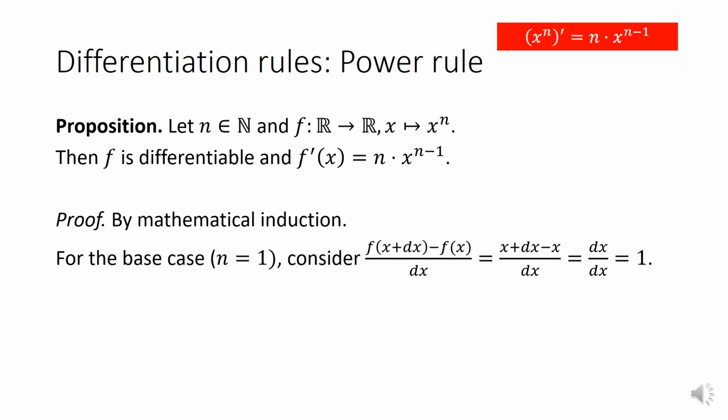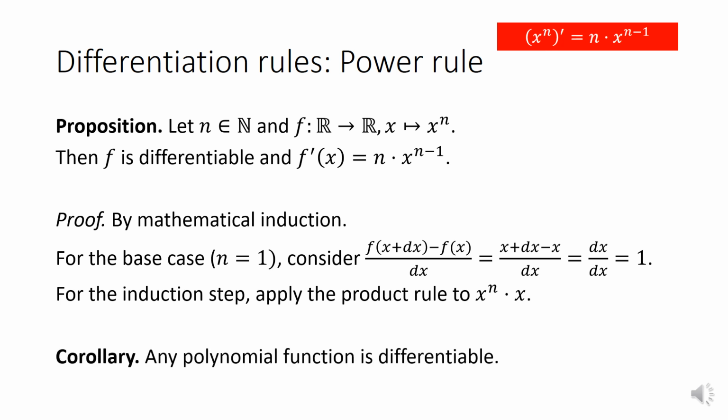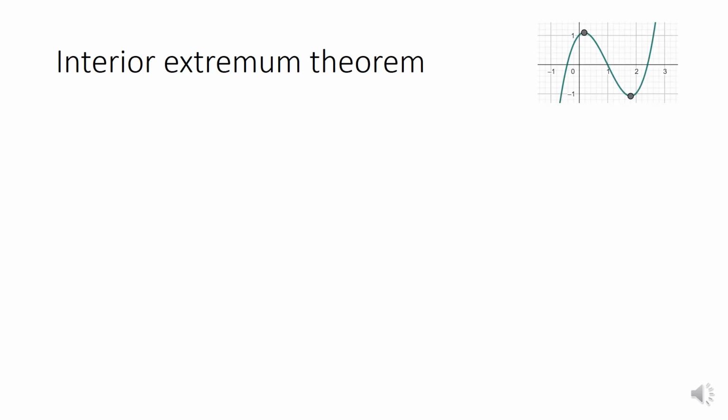For the base case, n equals 1, consider the differential quotient, which is equal to 1 regardless of x. For the induction step, apply the product rule to x to the n times x. As a corollary, we obtain that any polynomial function is differentiable.